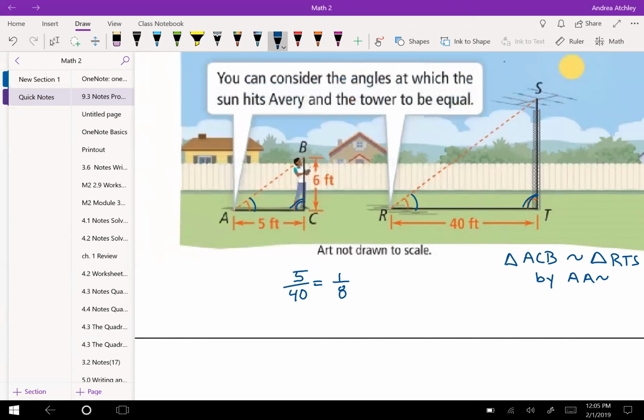Okay. Or 8 over 1, however you want to write it, right? That's either one. This is 1/8 of this, or this needs to be multiplied by 8 to get this. Does that make sense? Okay. So if this part is 6, what would this length be? If he's 6 feet, how big would this be?